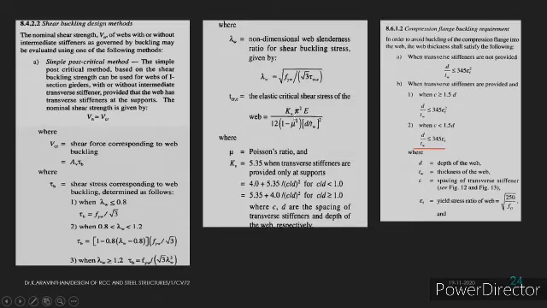Now a constant Kv can be found as follows. When the transverse stiffeners are provided only at support, we can take this 5.35. Or else there are two cases, that is C by D is lesser than 1 or C by D is greater than or equal to 1. Now our C by D is greater than or equal to 1, so this is our condition.